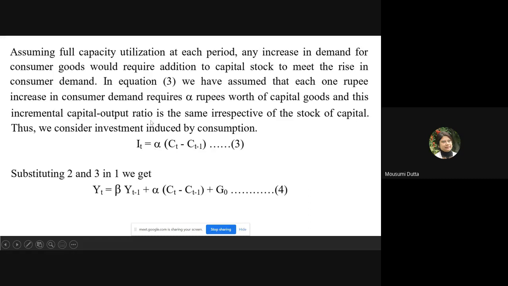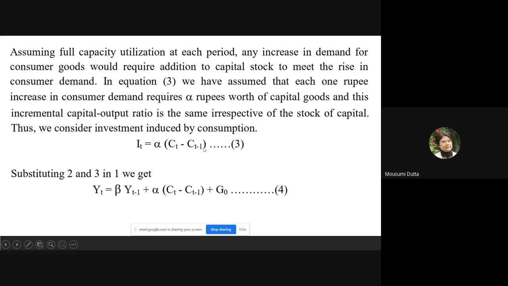Incremental capital output ratio is the same irrespective of the stock of capital, which means if I consider Ct minus Ct minus 1, or consider Ct plus 1 minus Ct, whatever be the period, this particular capital output ratio will remain alpha.